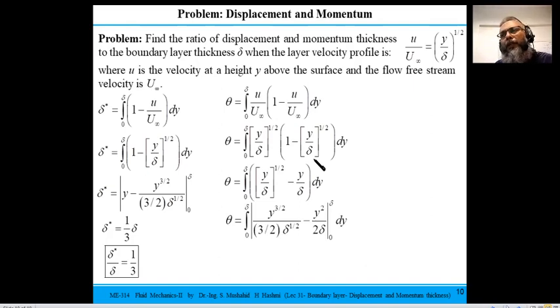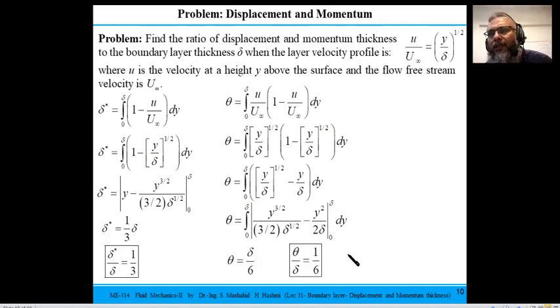So you just integrate: the integral of y to the power half would be y to the power half plus 1, and the integral of y would be y squared upon 2, and then you substitute the limits. So you get this boundary layer thickness. This is one of the simplest velocity profiles I have taken. In simple words, if you know the velocity profile, you can work out these thicknesses so easily.